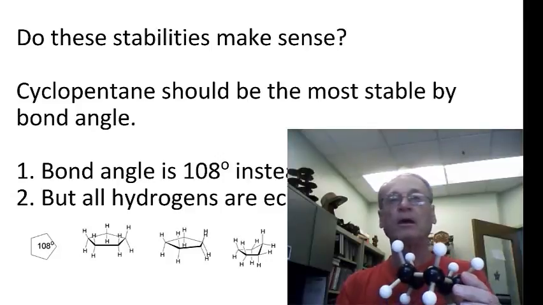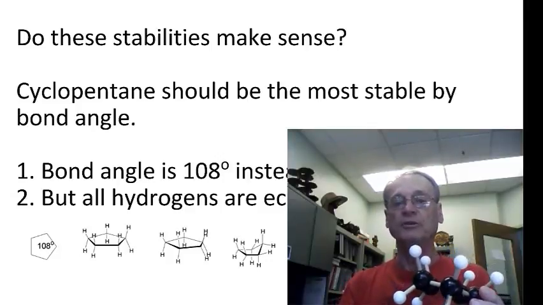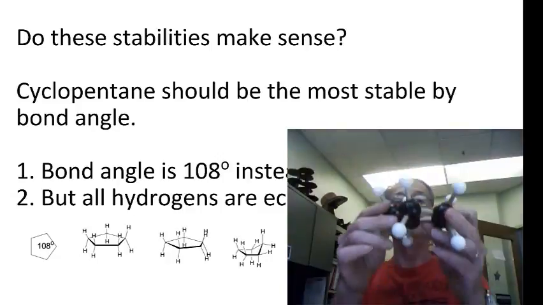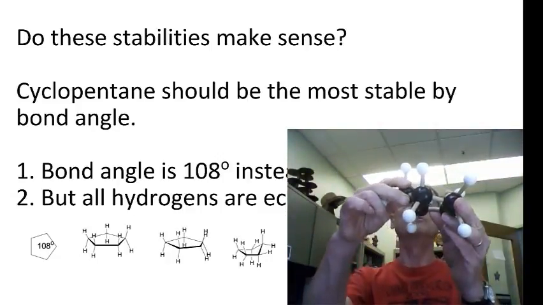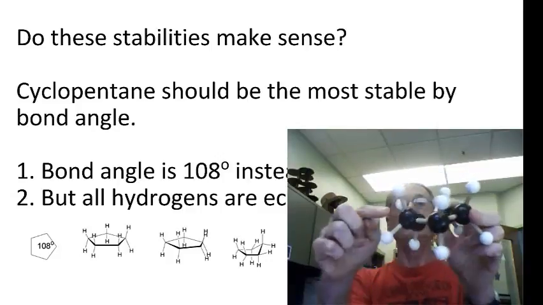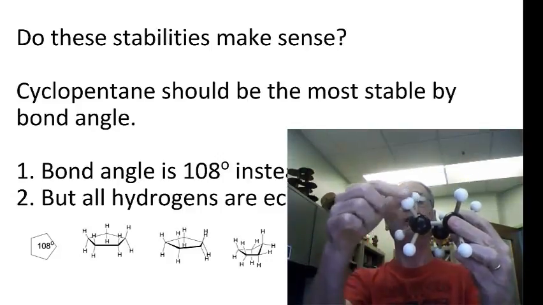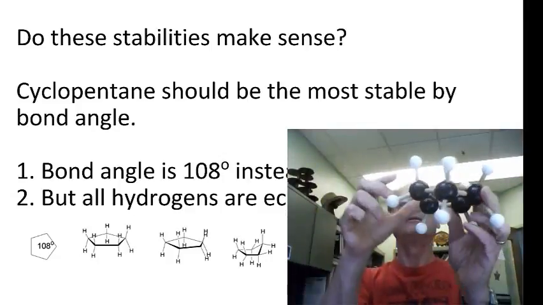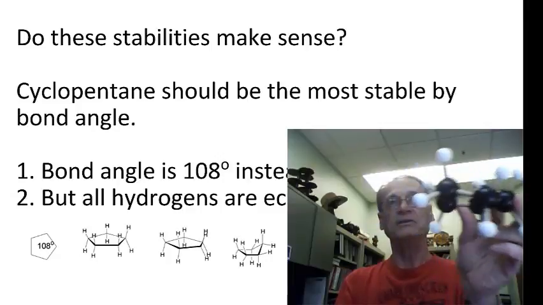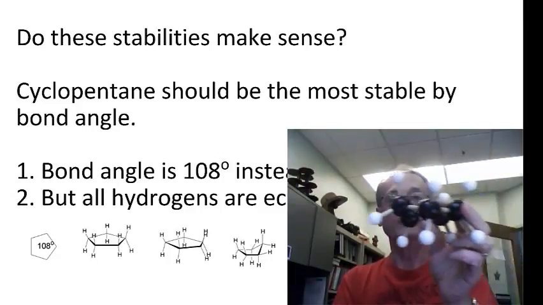Can it do anything like cyclobutane does, where it twists a little bit and relieves some of the torsional strain? And the answer is yes, a little bit. I can actually move one of these carbons slightly higher than the other ones, and that then means that the bonds around this part of the molecule are not quite eclipsed. They're not staggered, but they're a little bit skewed off from what they would be if they were eclipsed.